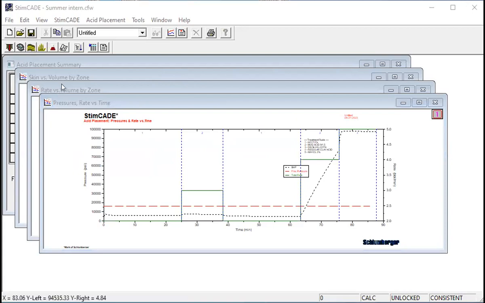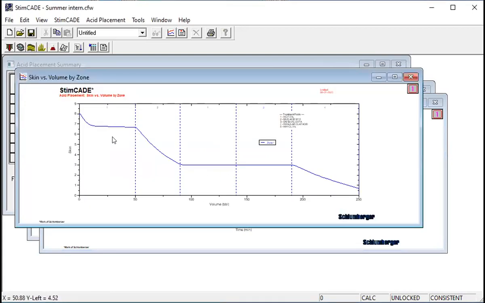Okay, so from there now we can see, voila, this is the main thing in this acid treatment. You see the variation of the skin as a result of the pumping volume. That's the variation of the skin to show us that at the end of the first 50 barrels of fluid that you have pumped into the system, the skin has reduced to about 7.